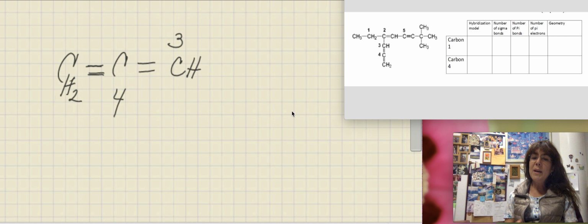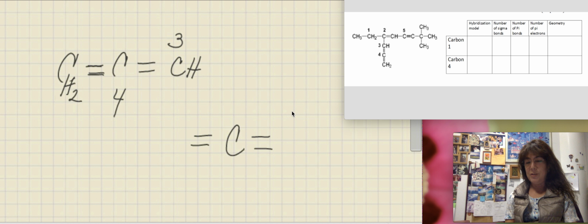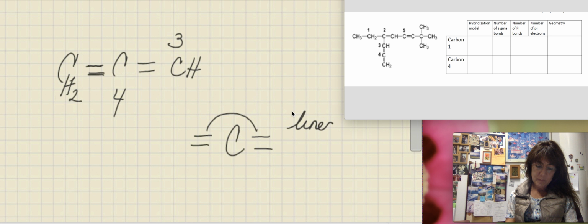Okay, why am I saying that this is a little confusing? If you check the structure of that carbon atom 4 in space, no wonder, it's absolutely having a linear geometry.